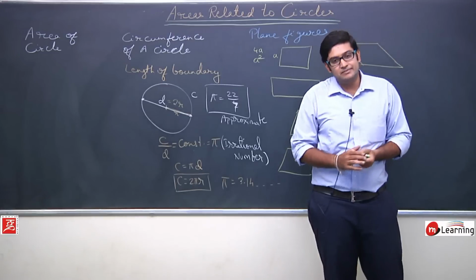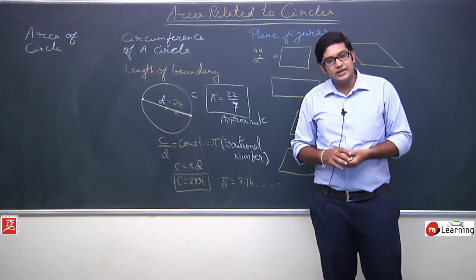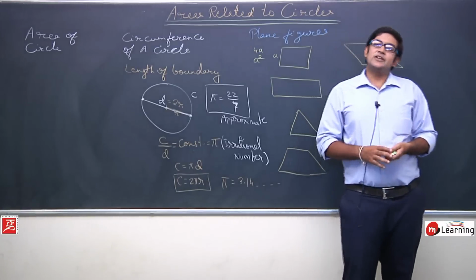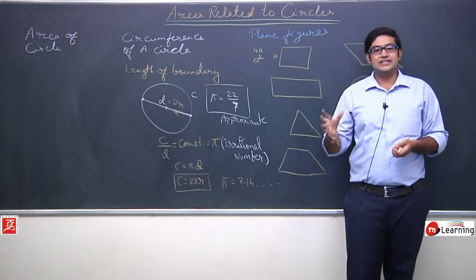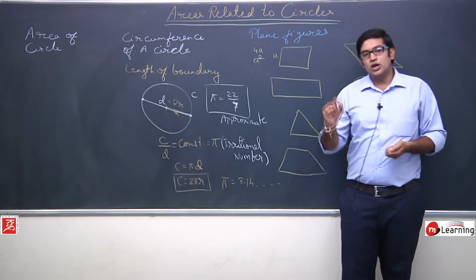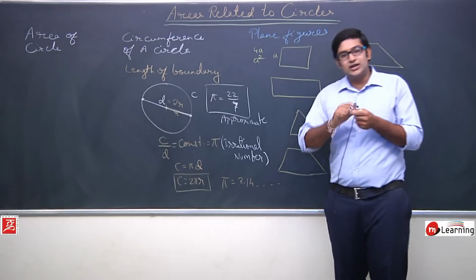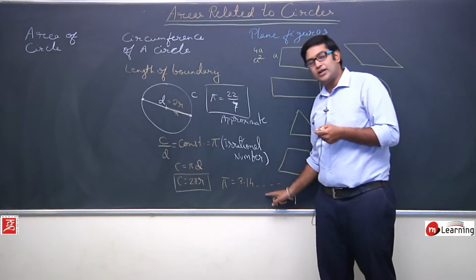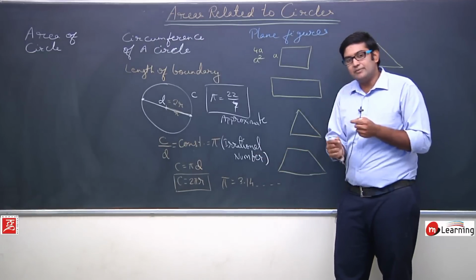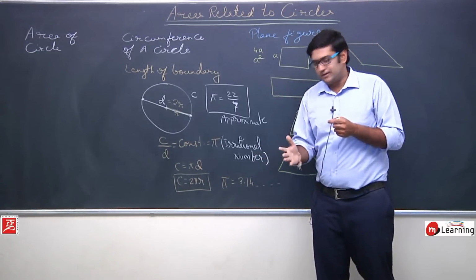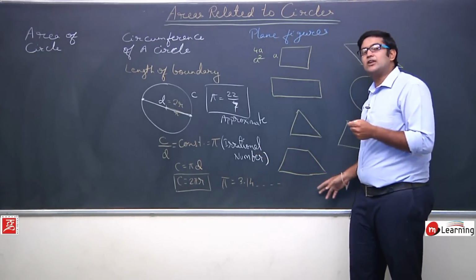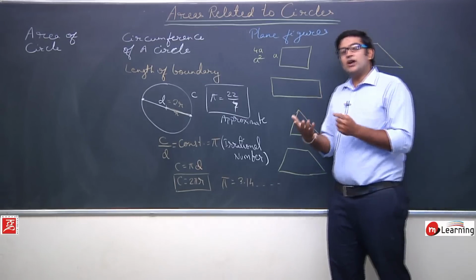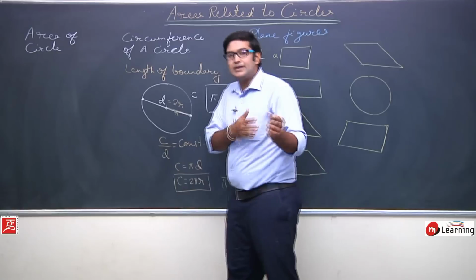You have studied in number system the definition of an irrational number. It says that it is a decimal number which does not terminate as well as does not repeat. After the decimal point there will always be a different value. You will not have something which is getting repeated.